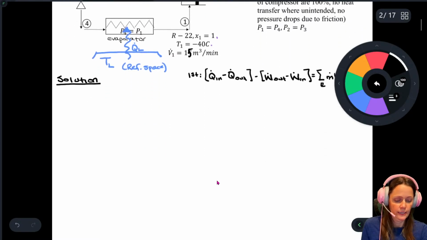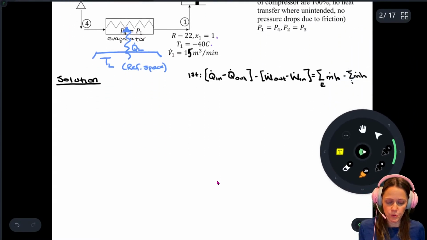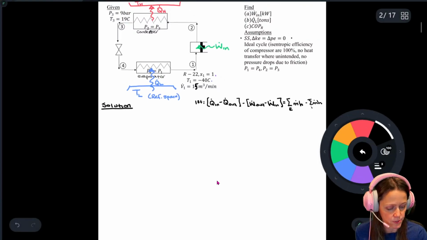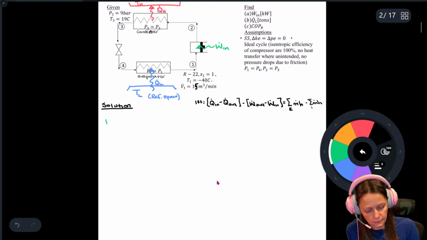So that's our general form of the first law that we'll reference. And so when I apply my first law to my compressor over here, I can get my value for W dot in.